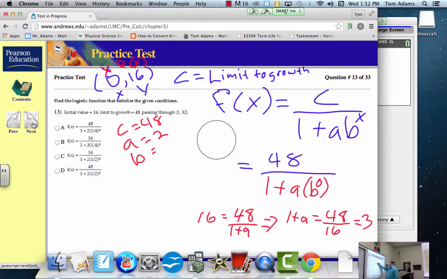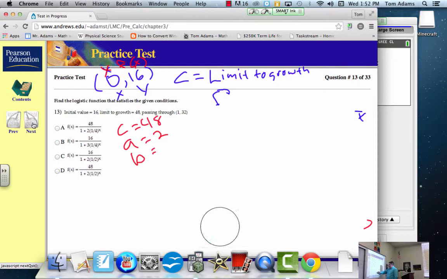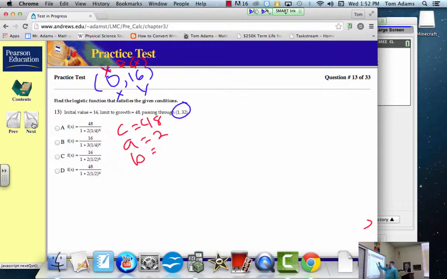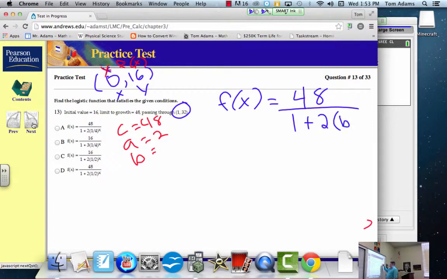I'm going to erase this real quick so I can have some room. Now, to find b, I'm going to plug everything in, and we're going to use this last little tidbit of information here. So I've got f of x is equal to 48 all over 1 plus 2 times b to the x.